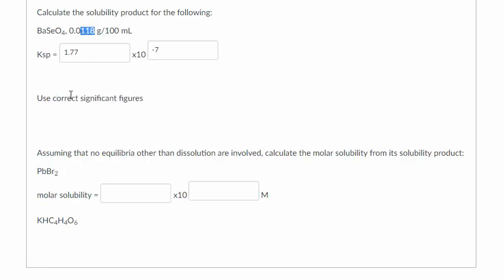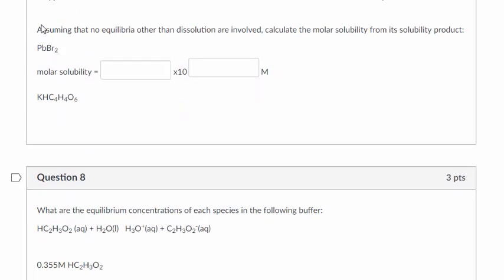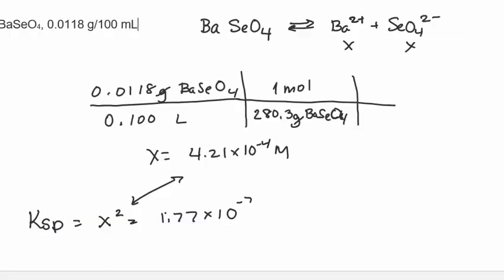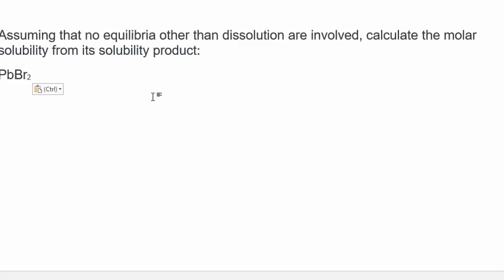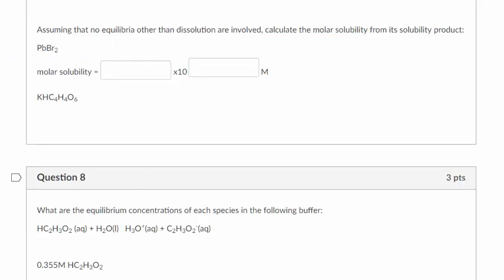So assuming that no equilibria other than the dissolution are involved, we're going to calculate the molar solubility from the solubility product for lead bromide. Well, in this case, I'm going to need to look up the Ksp, and I would do that by finding my value in the file provided at the end of the homework.